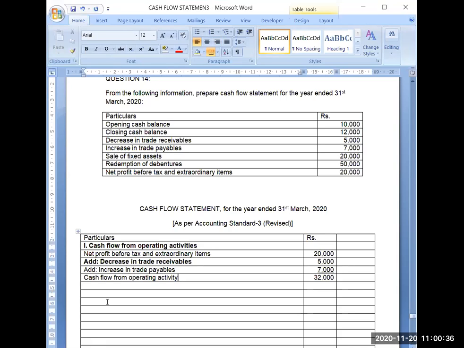We have to check whether any tax paid is there. Tax payment information is also not there. That's why this will become the final answer. So this final answer will go to this column.